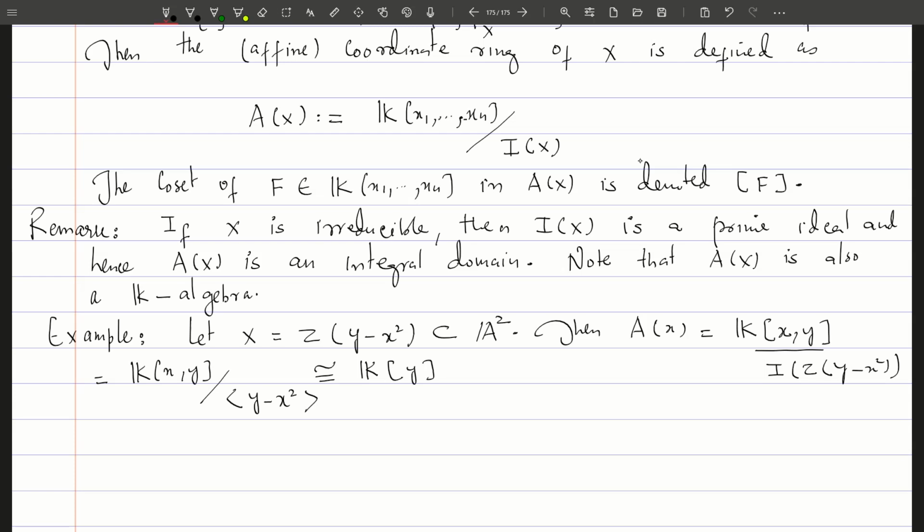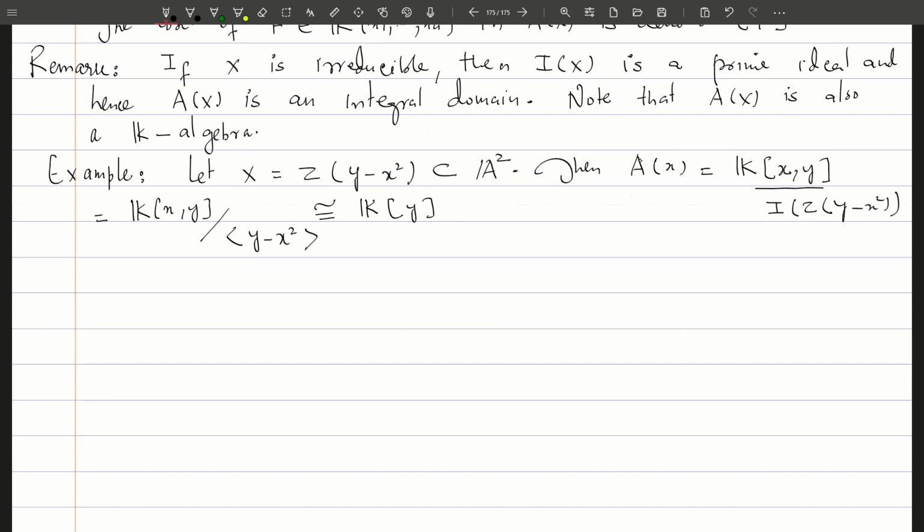So we can either view A(X) as a ring or a set of functions on X, namely the set of all functions from X to K which are given by polynomials. Let us define these polynomial functions. Let us suppose X is an affine variety, a closed subvariety.